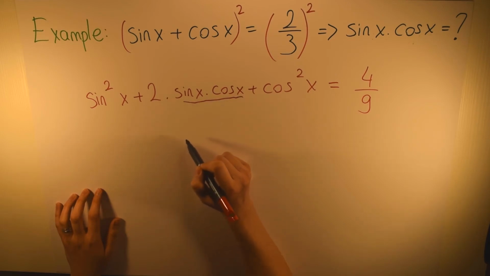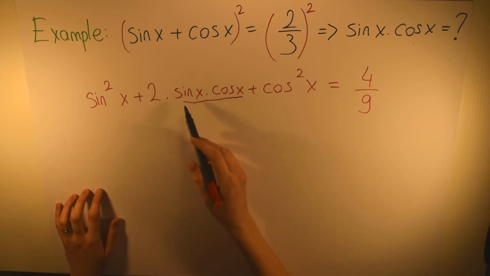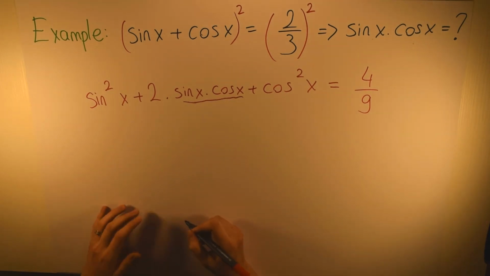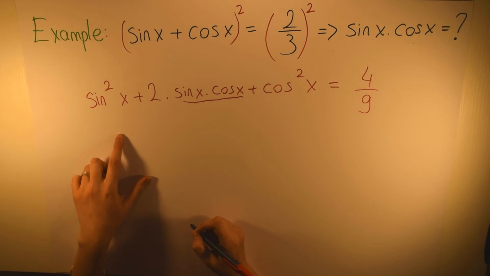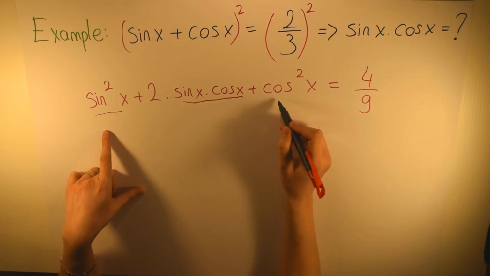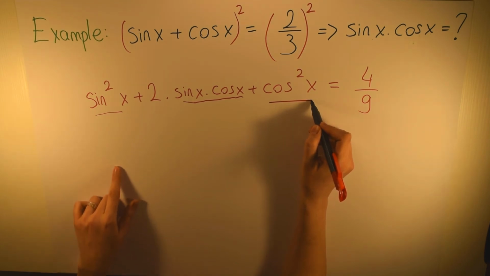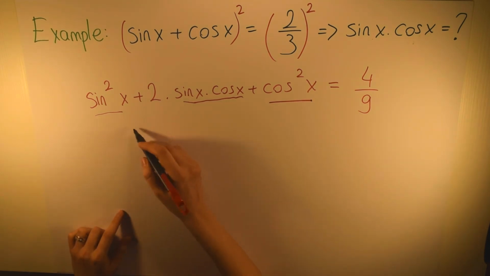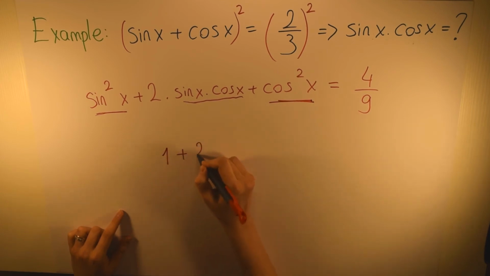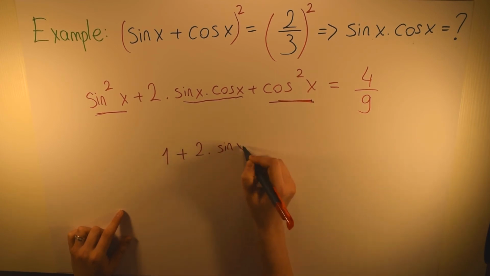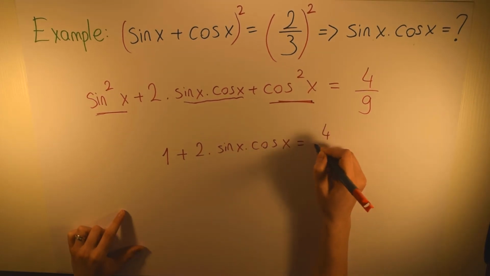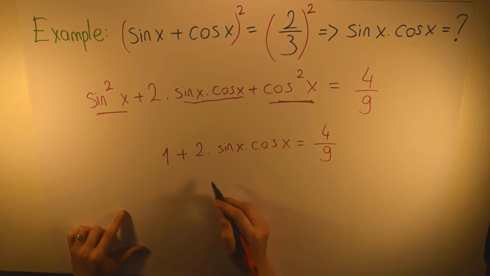So all we have to do is find these values, and then we will leave this expression alone, and we will be able to find the answer. We know that sine square x plus cosine square x is equal to 1, right? So instead of these two, I can write 1 plus 2 times sine x times cosine x, which is equal to 4 over 9. Okay, perfect.